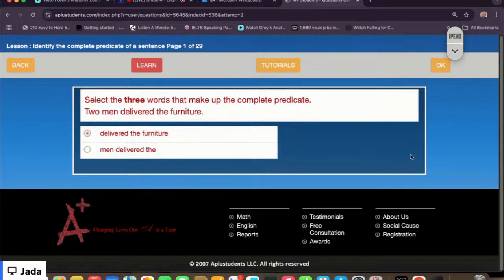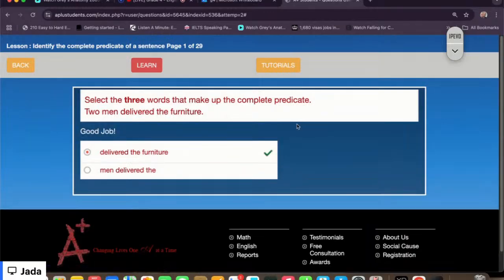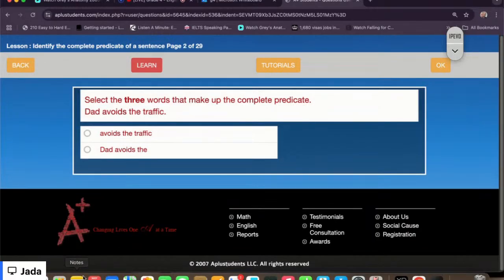So we have delivered the furniture. The three words that make up the complete predicate: avoids the traffic.